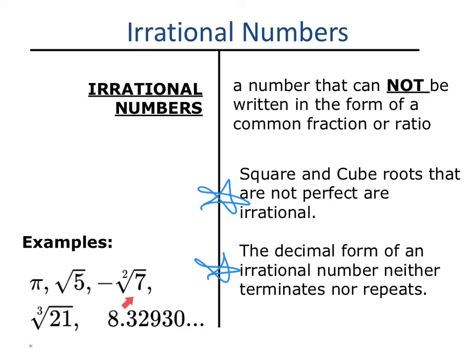It's not going to terminate and it's not going to repeat. And we know the cube root of 21. 21 is not a perfect cube. That is not going to terminate or repeat. And when you have a decimal like this, it shows you there is no repeating portion. So this one is also going to be an irrational number.